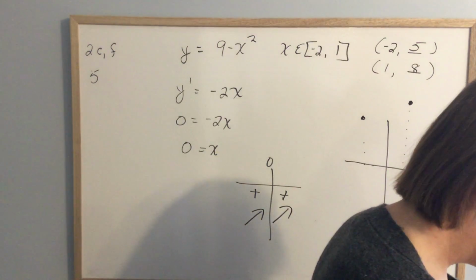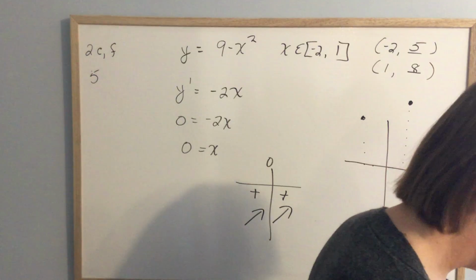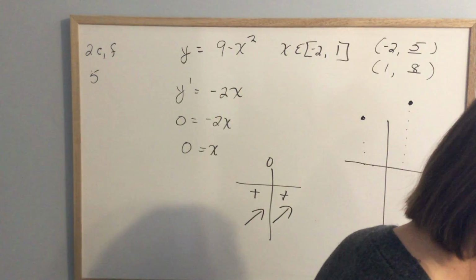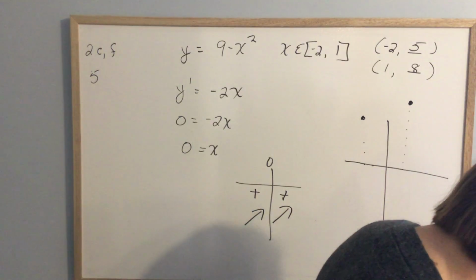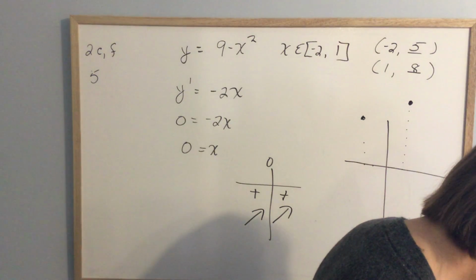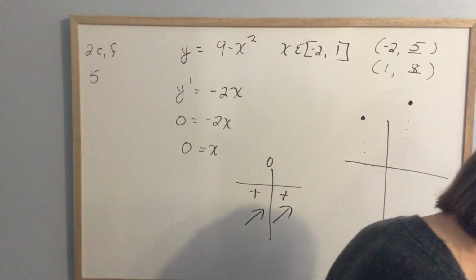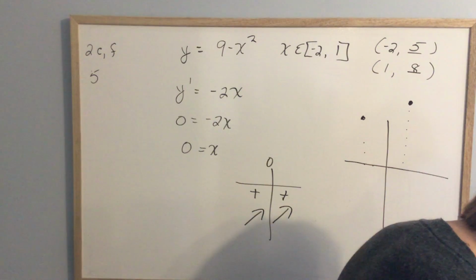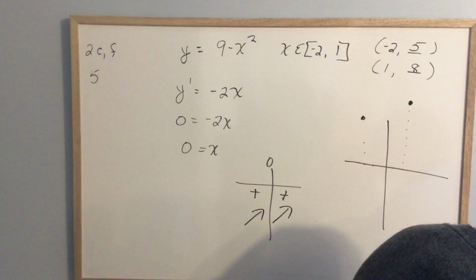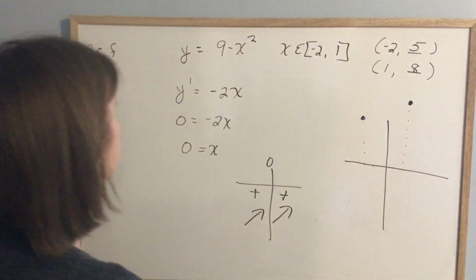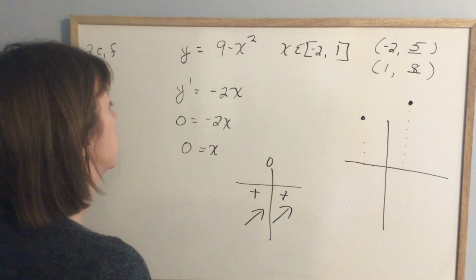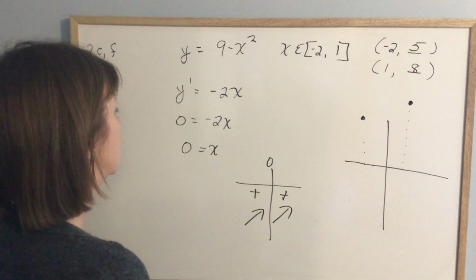So let me look at the back of the book and see if they agree with me, because in my head that doesn't make sense, but I'm checking. 6.2, 2C. Yeah, that's what I thought. Absolute maximum should be at 9. So hold on. Remember, that is negative 2x, so 0.